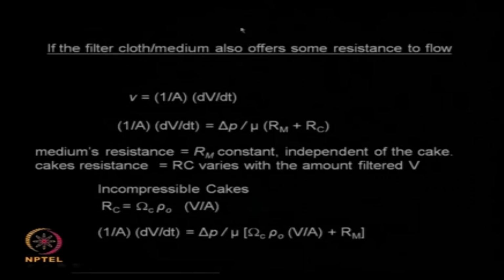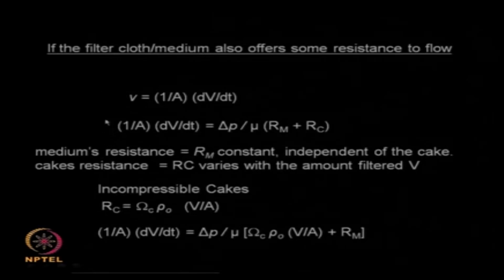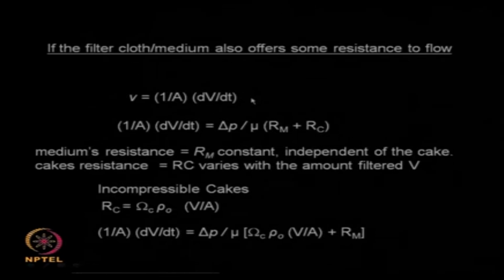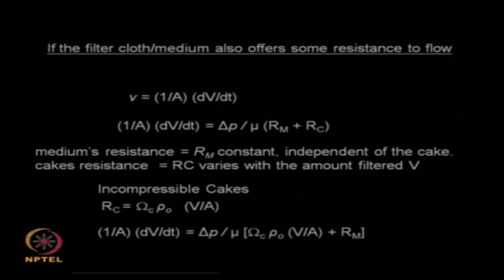In such a situation, the Darcy's law equation is going to be different, and the resistance offered by the cake also will appear with the resistance offered by the filter cloth or the filter medium. Both the resistances are going to appear in your Darcy's law relationship.